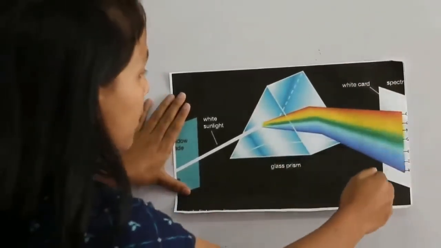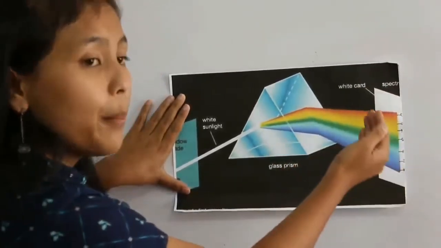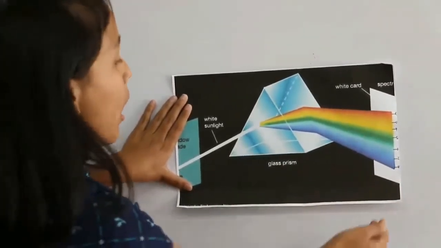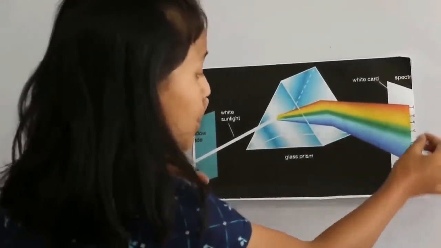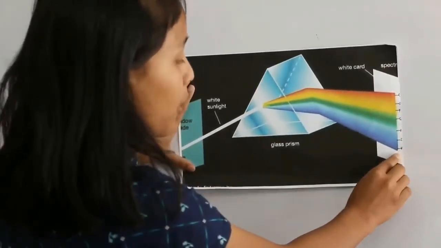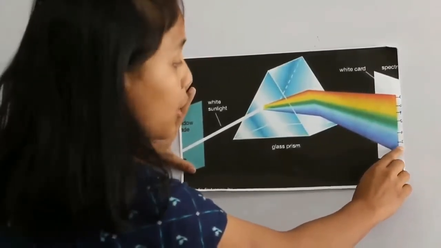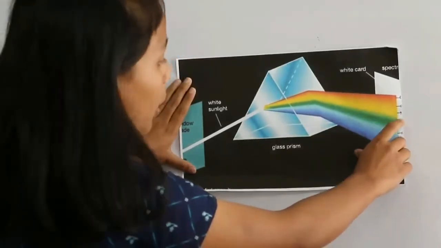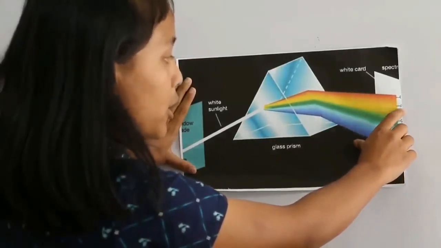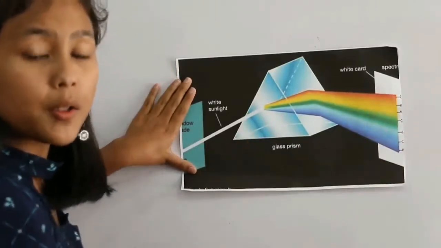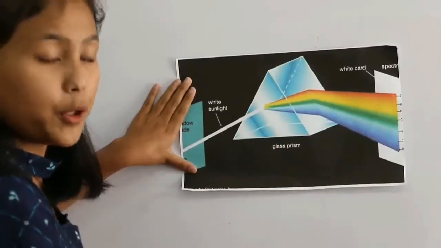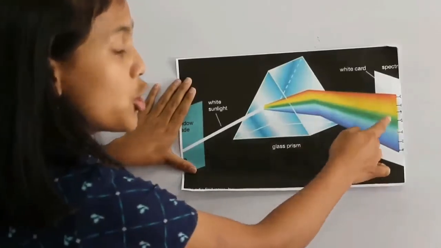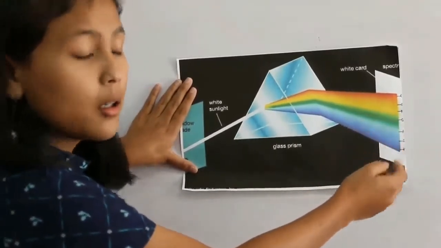He observed that a band of 7 colors appeared on the white screen. The order of these colors from the base was violet, indigo, blue, green, yellow, orange and red. You can easily remember this order of colors by the word VIBGYOR. V-I-B-G-Y-O-R.